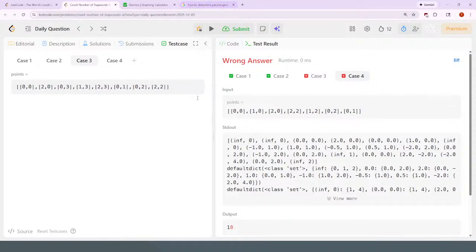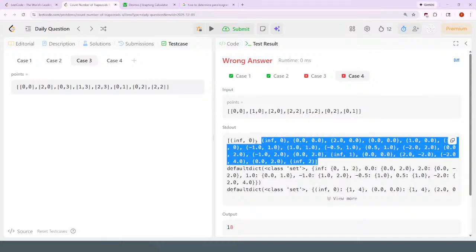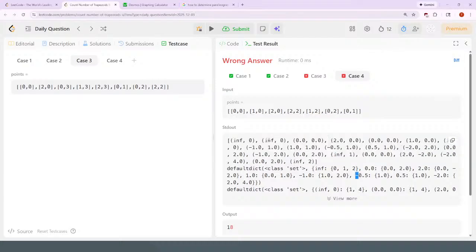So, what do we have here? So for each possible pair, this is going to be 1, 2, 3, 4, 5, 6, 7, 8, 9, 10, 11, 12, 13.